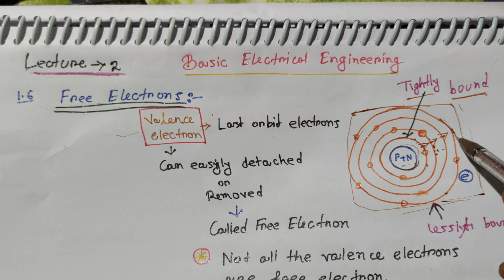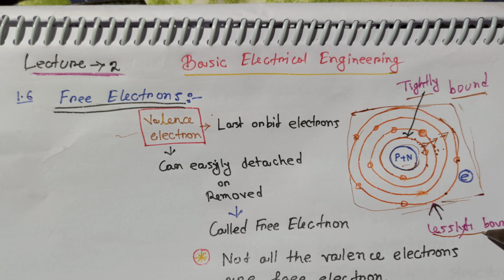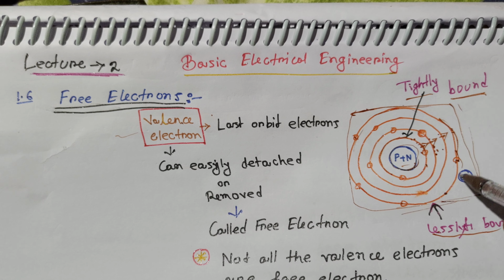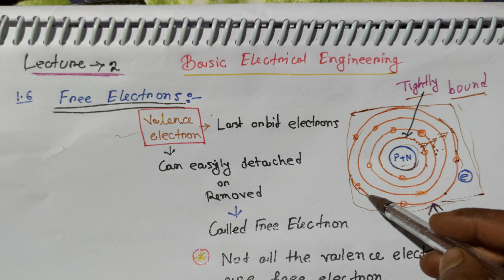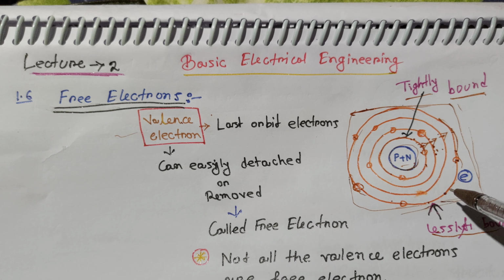The outermost orbit has the lowest binding between the electrons, it's most loosely bound.